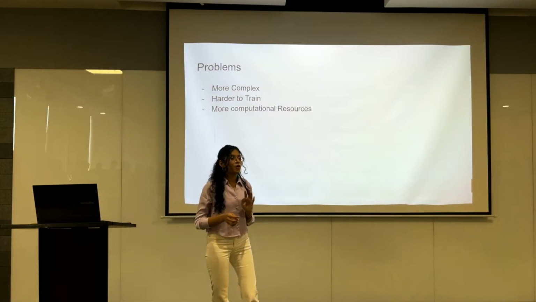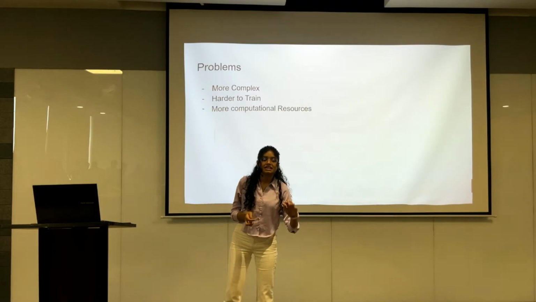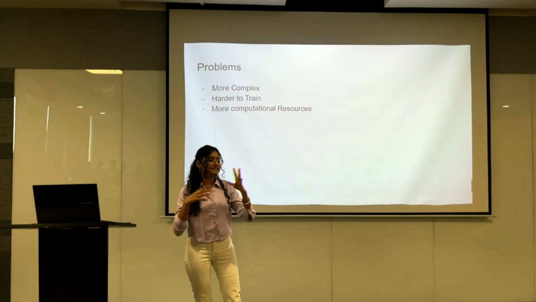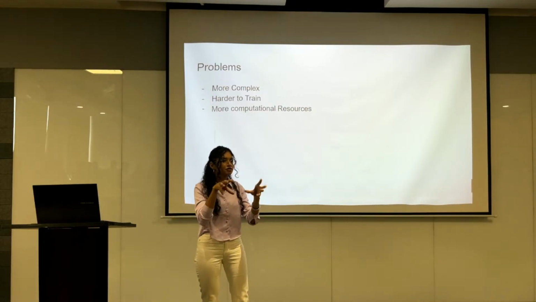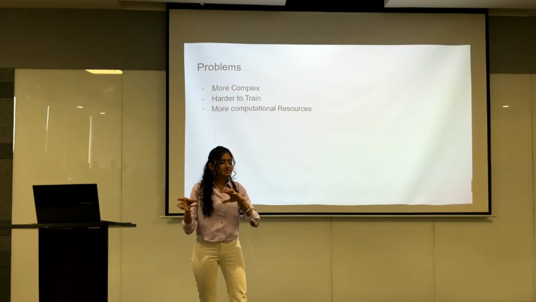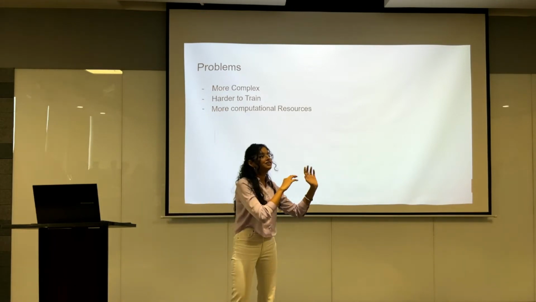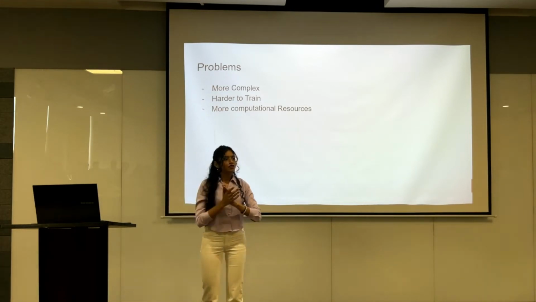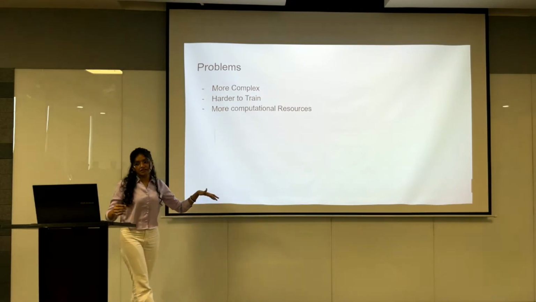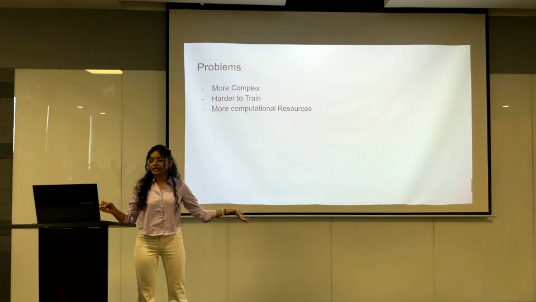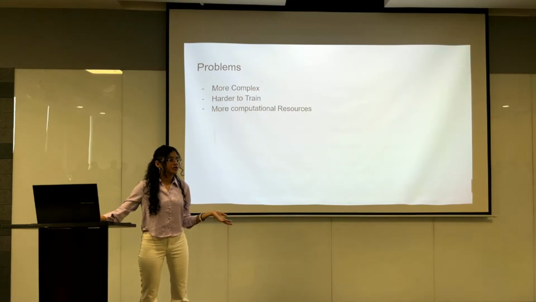But there was a problem with this also, because the complexity increased. We had weights and biases multiple times, and we had to do the whole process very efficiently. So it was harder to train, and obviously more computation resources were needed.